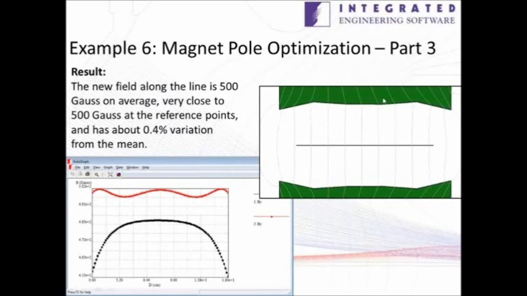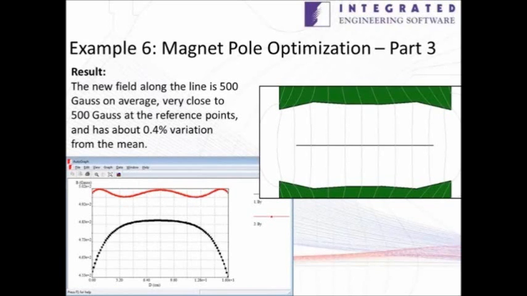The actual pole faces have a wiggling shape that I would have personally been hard-pressed to have predicted. And the chart now shows that the field is in fact at 500 Gauss, very closely at my 6 reference points, but it does of course oscillate around that value, and it oscillates around by about 0.4%.